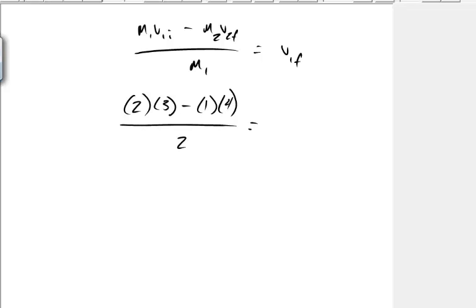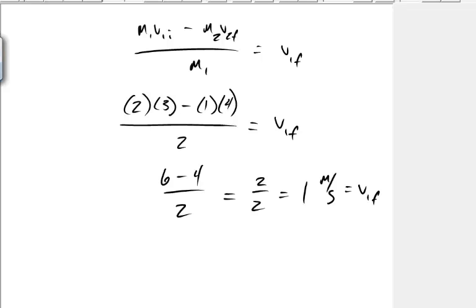And we divide that by 2 to get V1F. I hack all that out, and in this particular case, it's 6 minus 4 over 2. 2 divided by 2 is 1 meter per second, the final velocity of the first object.